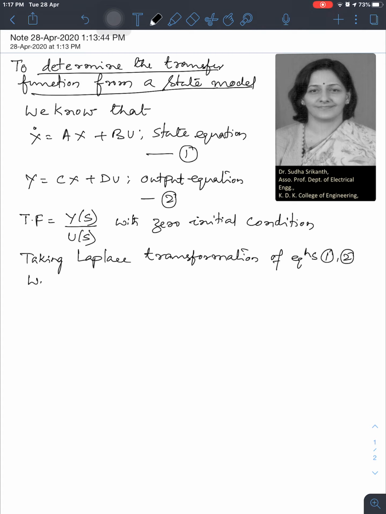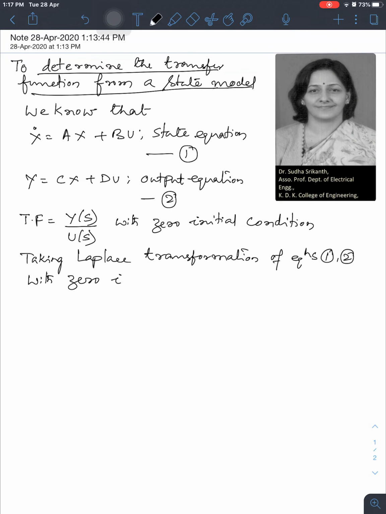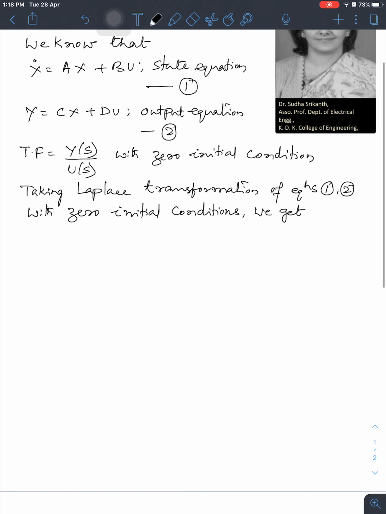Of course, we need to remember this with 0 initial conditions. We get the two equations to be, we'll go one by one.